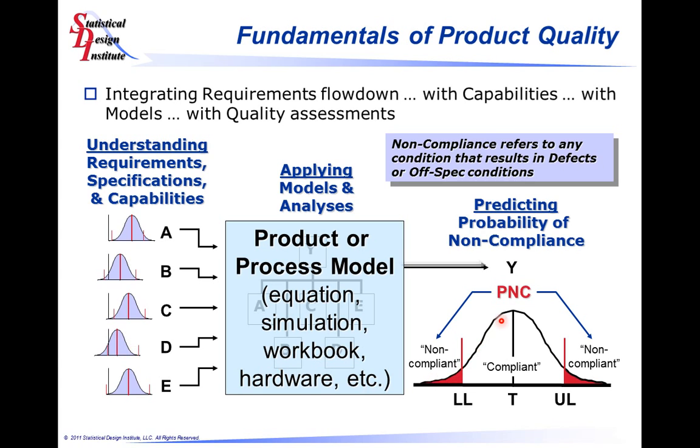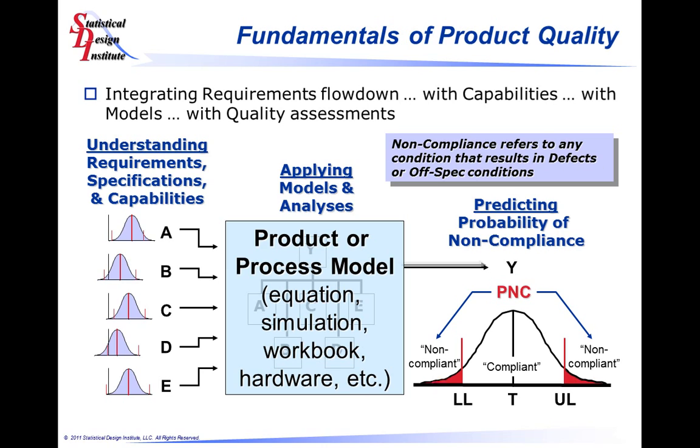So if we can predict the variation of this Y response and we compare that to our lower spec limits and our upper spec limits, now we can get an assessment or a prediction of what is the probability that we will be non-compliant with a particular specification that exists for this particular condition in our design.